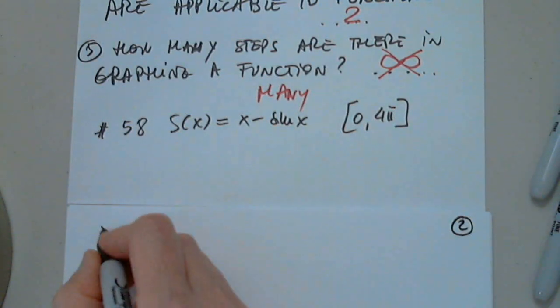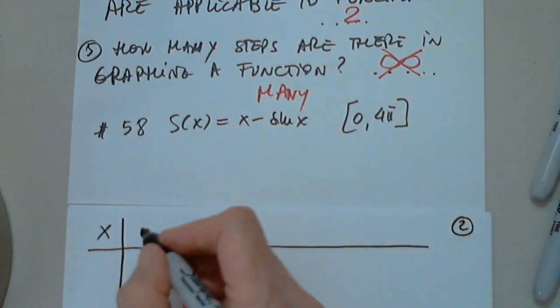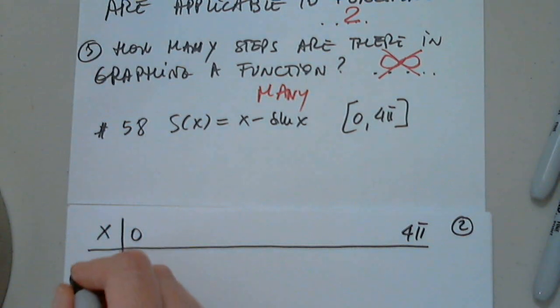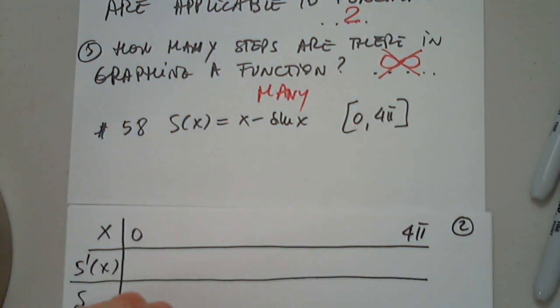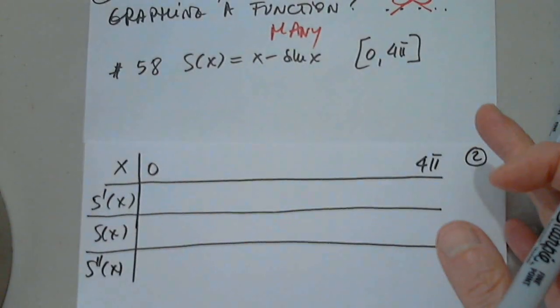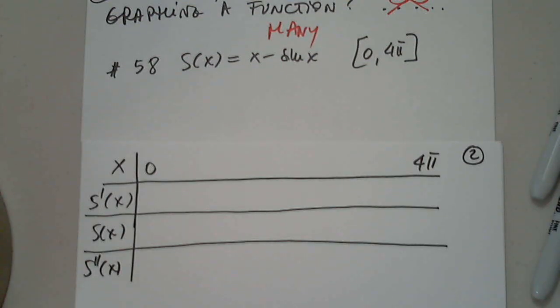Okay, so I know that in this particular case, I don't have to analyze domain because I am specifically given 0 to 4 pi. I only have to start my table immediately. And if it gets crowded, like I did last time when the numbers were too close, and I can't see, I'll go landscape. Okay.